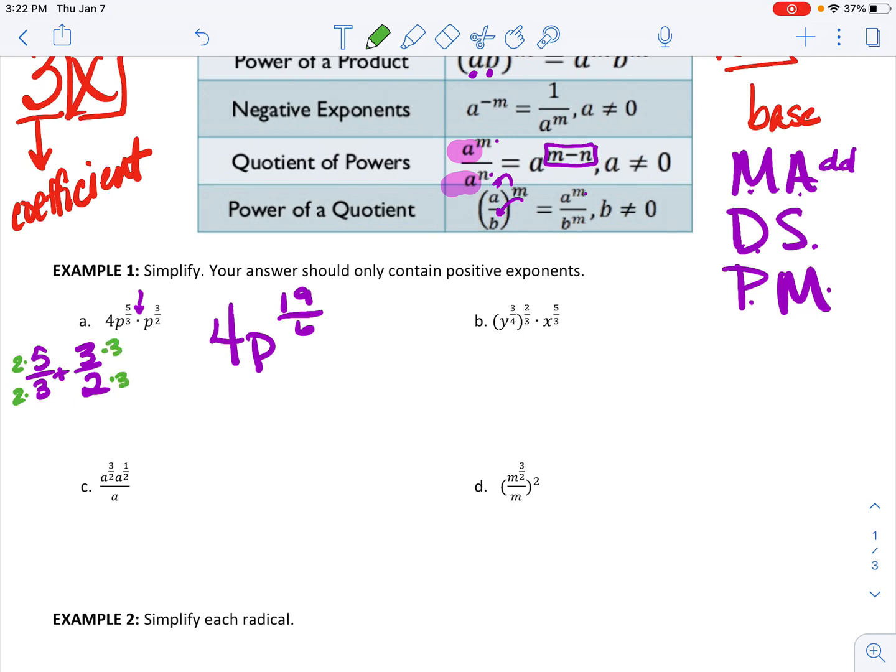I'm going to multiply the top and the bottom by 3. That gives me 10 over 6 plus 9 over 6. Tic-tac-toe, denominators in a row. 10 plus 9 is 19, hence our 19/6. And this is our final answer.